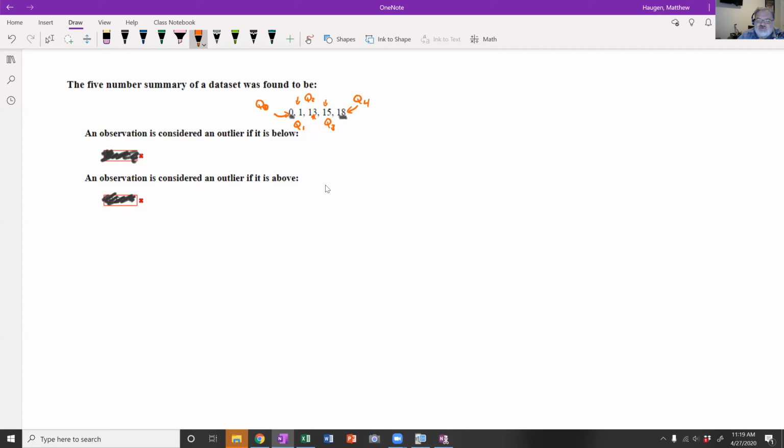We're asked to find what the cutoffs are for outliers again. And of course, the cutoffs should be Q1 minus 1.5 times the interquartile range and Q3 plus 1.5 times the interquartile range.